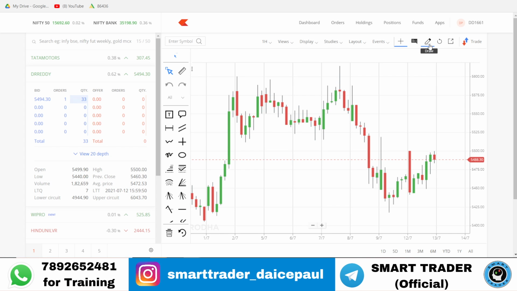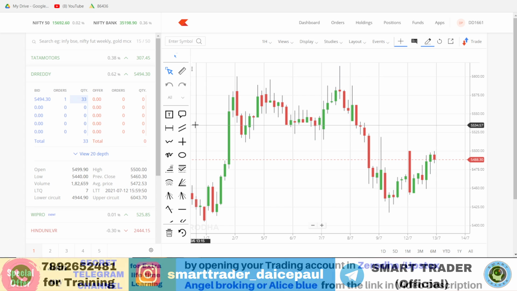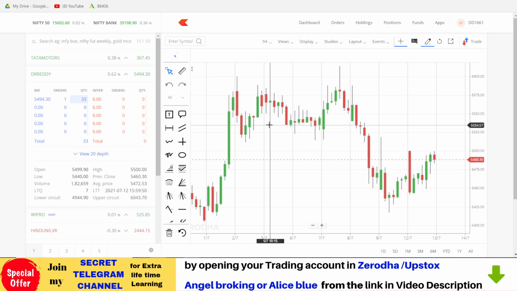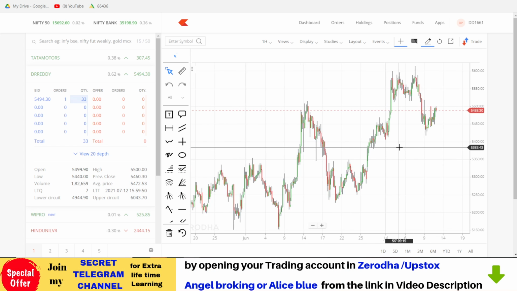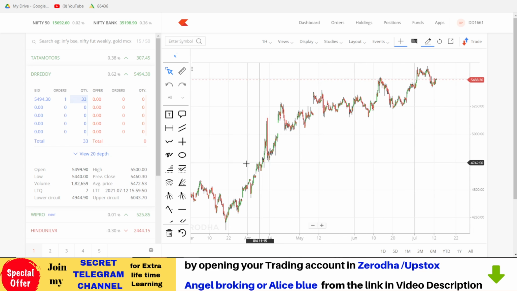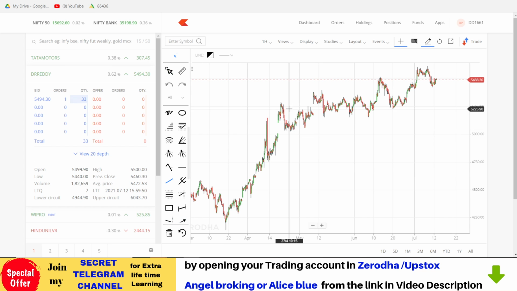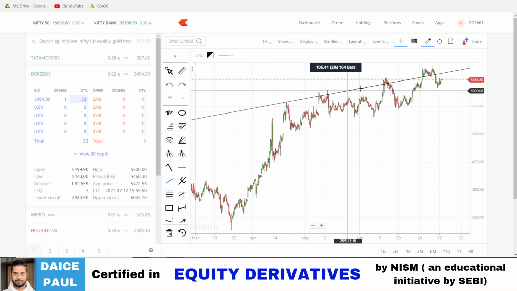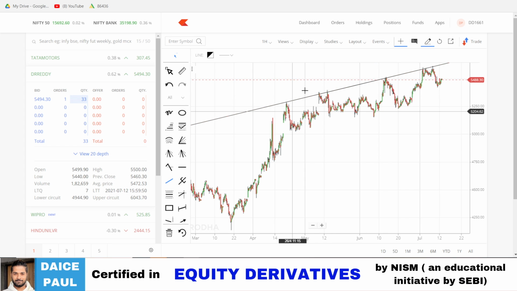Apart from that, we have something like drawing. If you're a price action trader, or if you want to draw basic support and resistance and many other things, or you want to do some learning also, you can use the drawings. So for lines, we have horizontal lines, and you can draw lines like this, touching all these points.